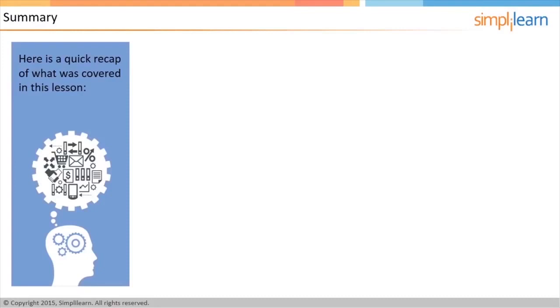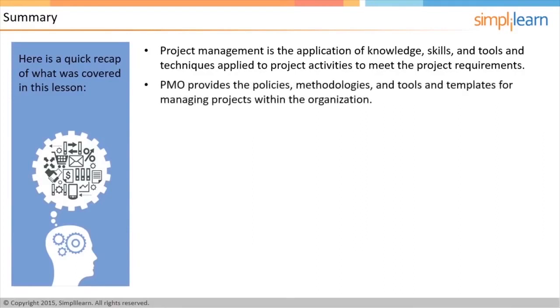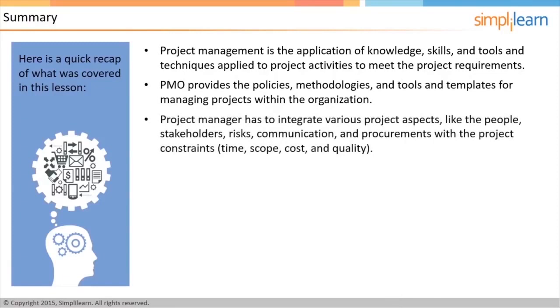Here is a quick recap of what was covered in this lesson. Project management is the application of knowledge, skills, and tools and techniques applied to project activities to meet the project requirements. PMO provides the policies, methodologies, and tools and templates for managing projects within the organization. Project manager has to integrate various project aspects, like the people, stakeholders, risks, communication, and procurements with the project constraints, time, scope, cost, and quality.